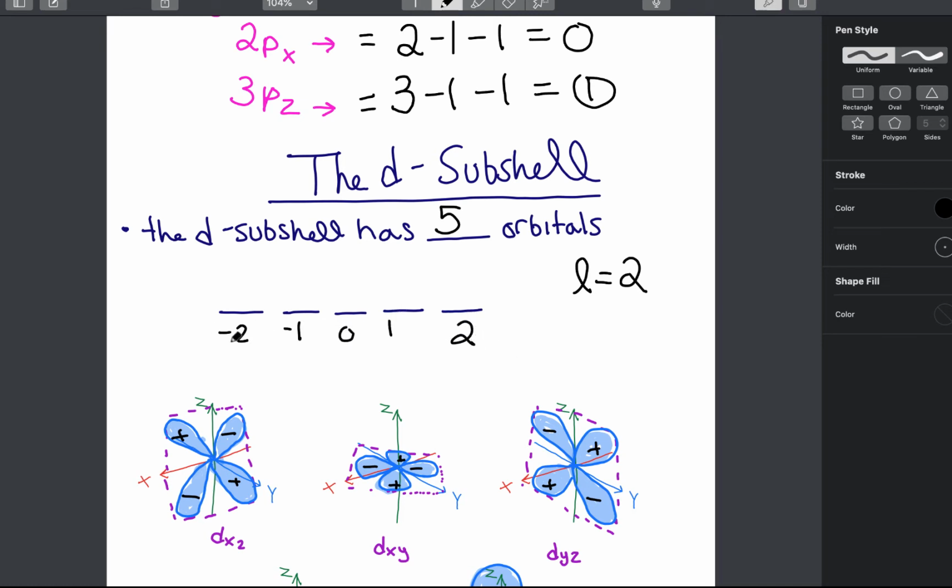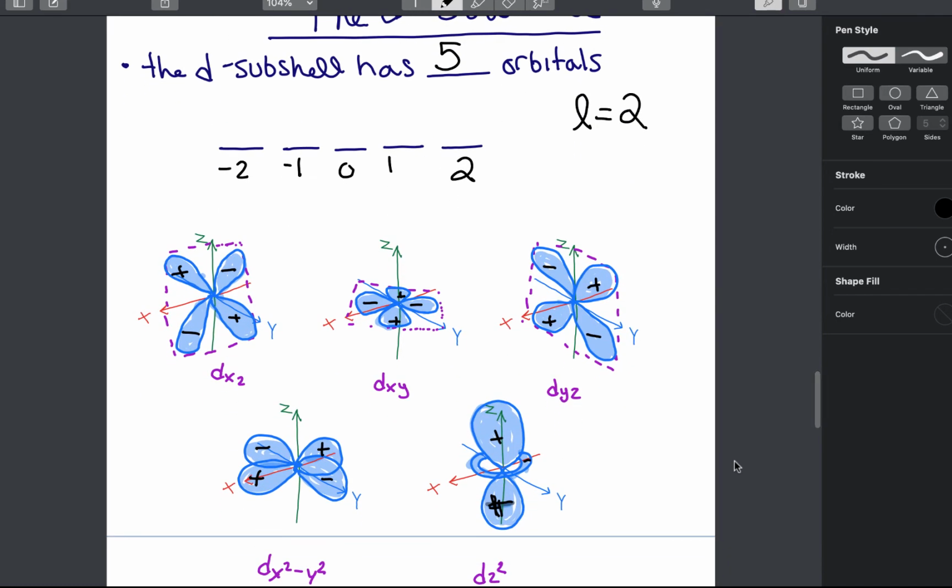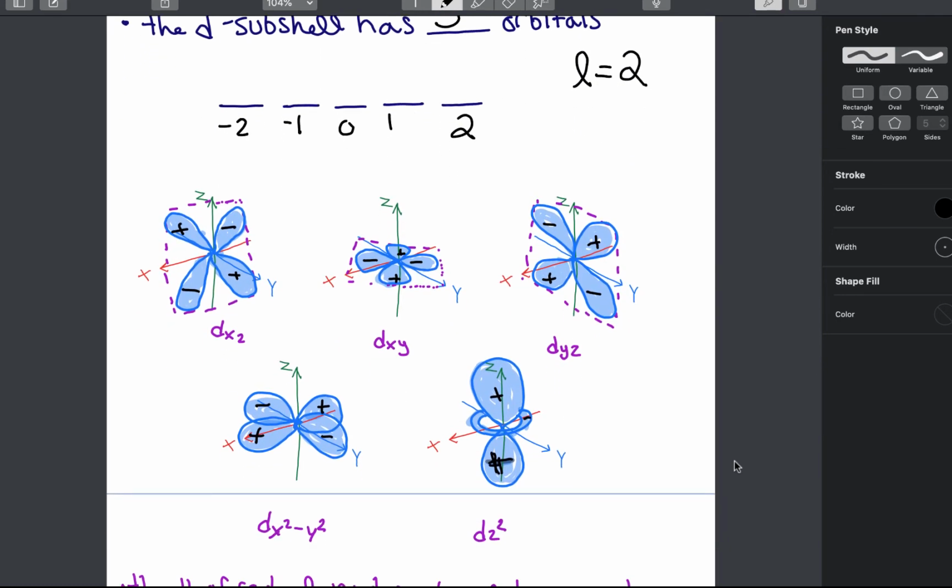These different numbers, remember, correspond to the magnetic quantum number, or their orientation in space. So the d orbitals are a little bit more complicated than the p and s orbitals, but you still do need to know them. And their names actually tell you how they look as well.